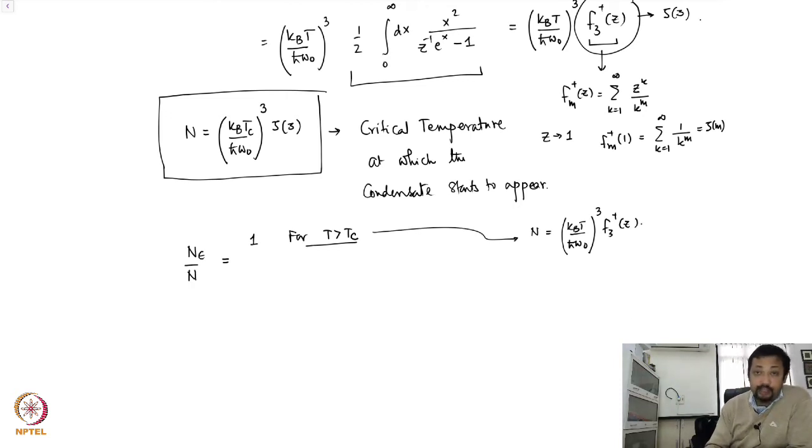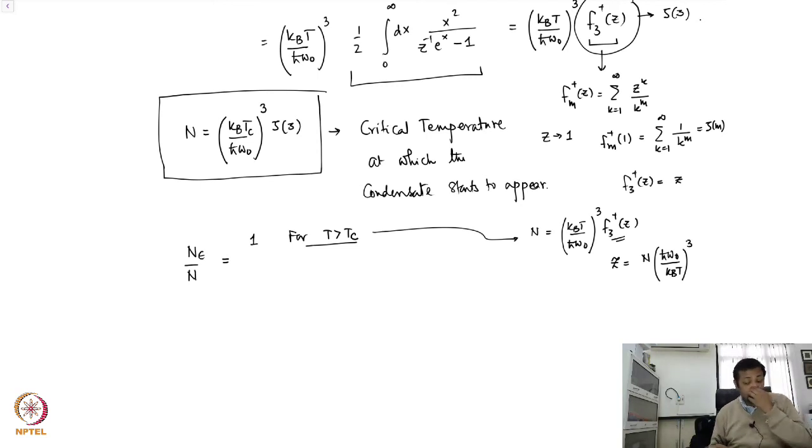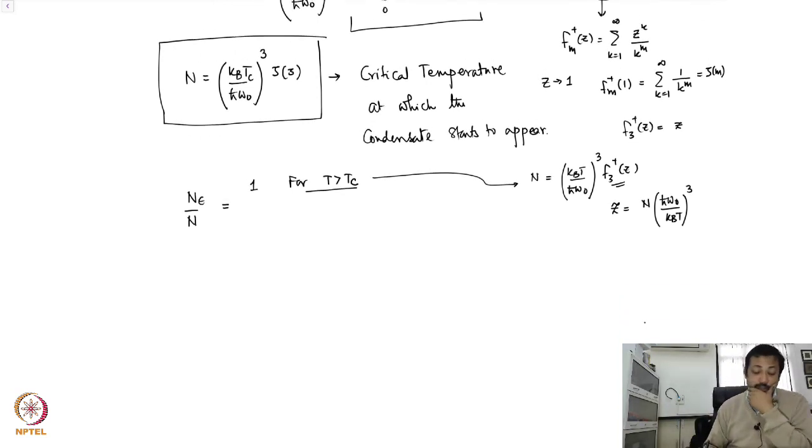You have to determine the fugacity from this relation, and that tells you that to the lowest order, Z is going to be N times (ħω0 over kBT) whole cube.